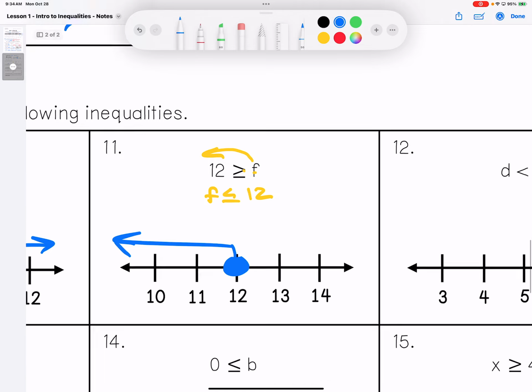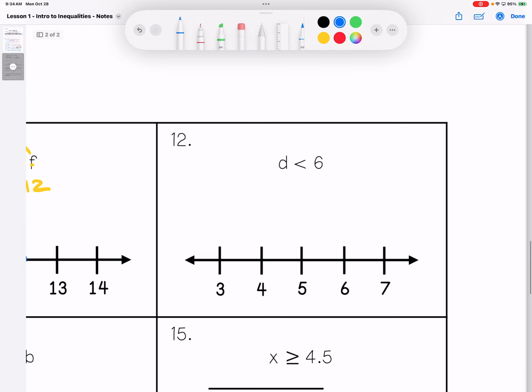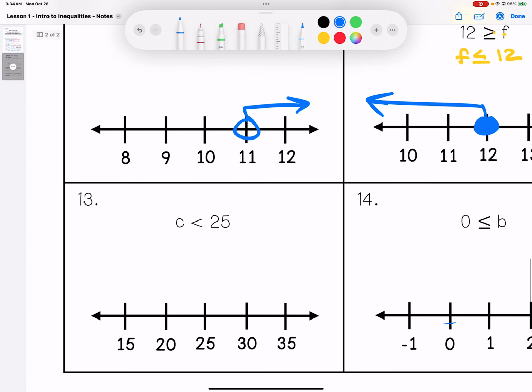Welcome back. 12, let's work it out. It is going to be an open dot on 6, and it is going to face the left direction because D is less than 6. Next one, 25, open dot, and it is going to be all numbers less than 25.